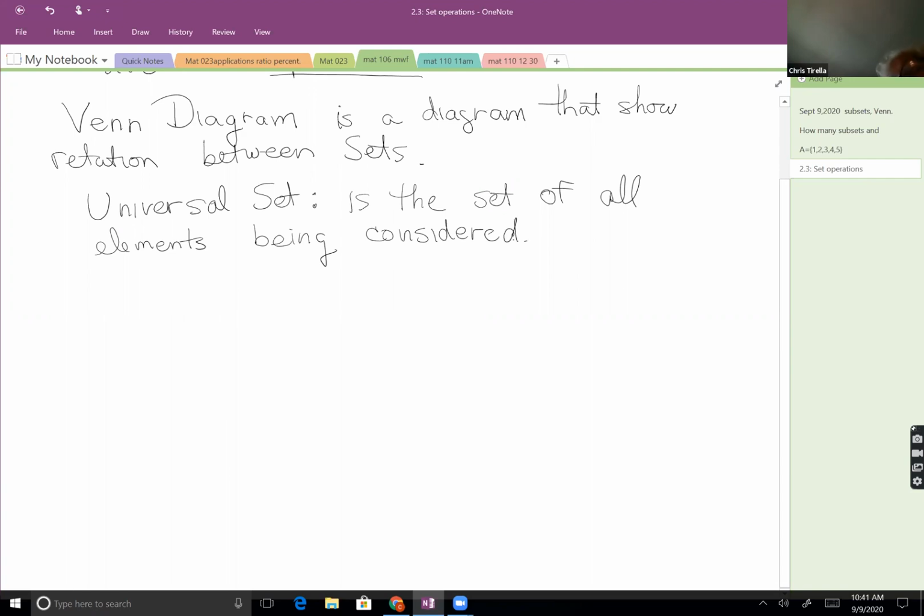The universal set is usually abbreviated with an uppercase U, but it's got a tiny little tail on it. It's kind of like a script U. It's not real blockish. It's got to have that little tail. And later on, probably on Friday, you'll see why it's important that the universal set isn't a real block looking U. So that would be the universal set.